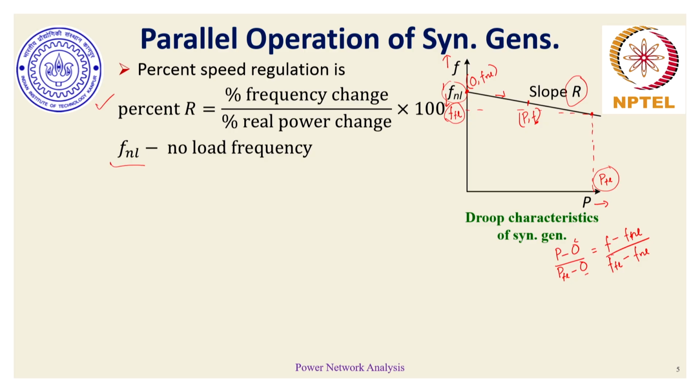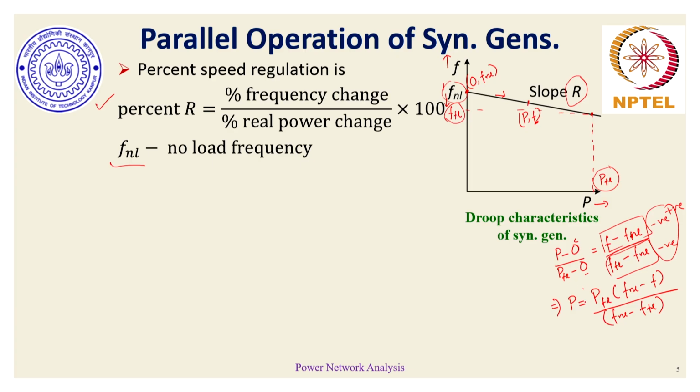Remember, the denominator over here is going to be a negative term. Also, the numerator over here is going to be a negative term. So this overall ratio becomes positive. So if we now rewrite this equation, it would appear to be P is equal to PFL multiplied by FNL minus F divided by FNL minus FFL.